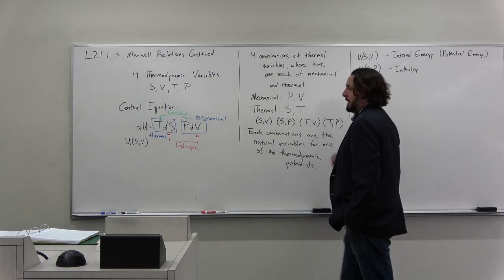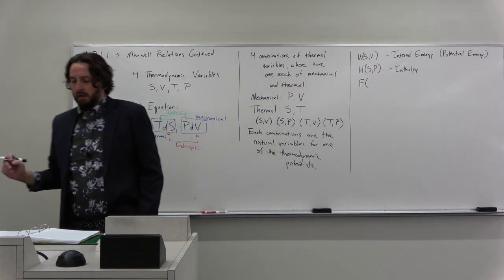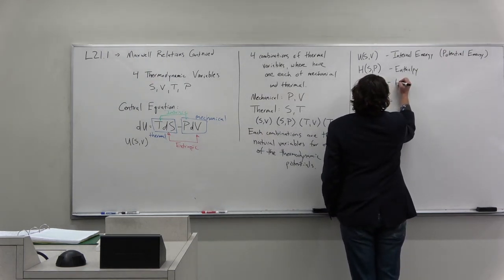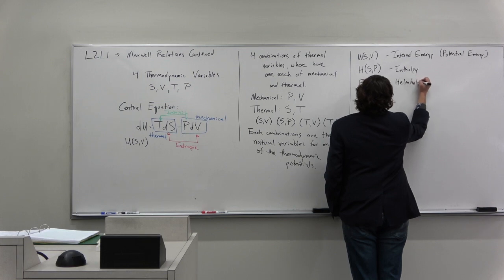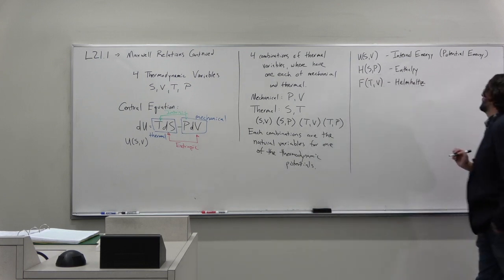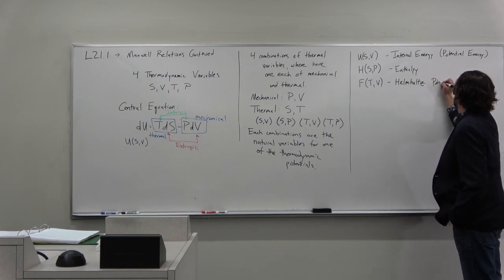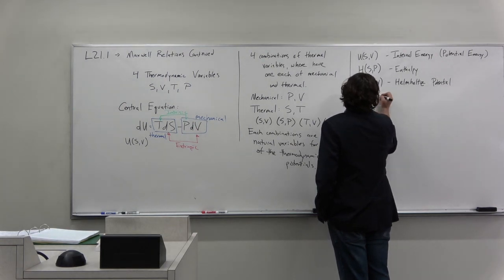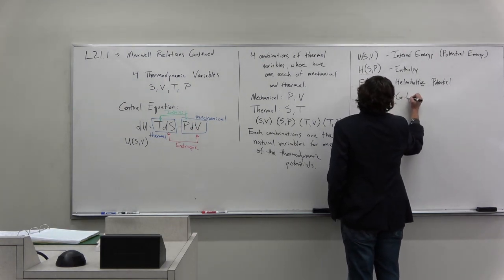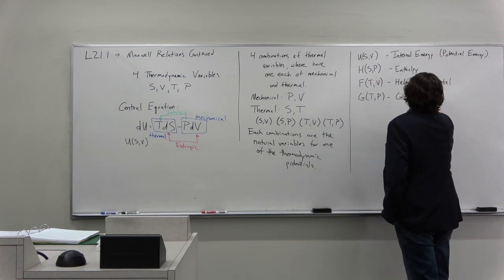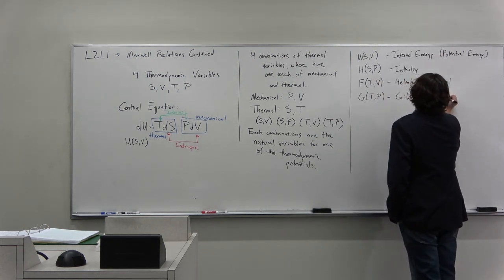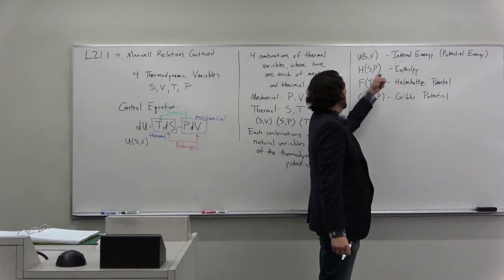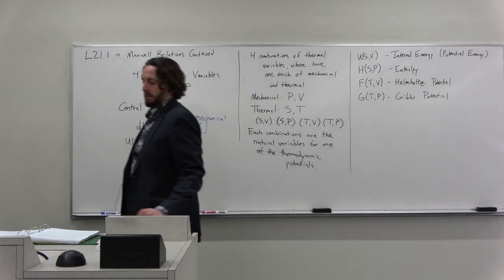Our function of T and V was our Helmholtz free energy, or Helmholtz potential. And finally, our Gibbs was T and P. So this was our Gibbs potential. Isn't it nice that the Gibbs was G, but the Helmholtz, unfortunately, H was already taken by enthalpy. So it's F. All right.